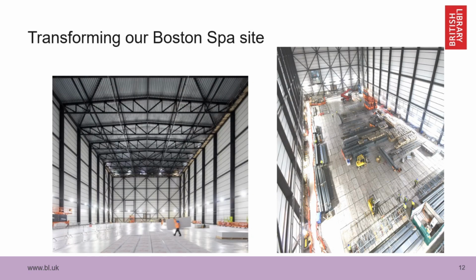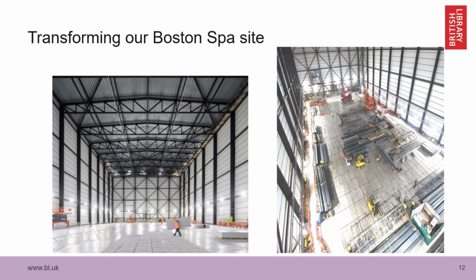So our Boston Spa site, as I said, we're building this new warehouse. The shell is now complete. This is inside the void, where all the stacking is. So they've just started putting the stacking in there. It will hold 225 linear kilometres of storage, and around 200,000 totes, so boxes with books in.